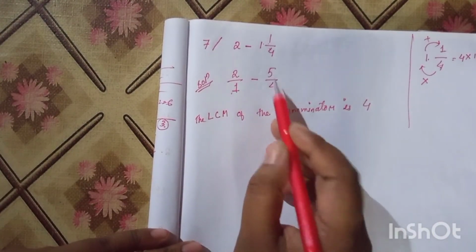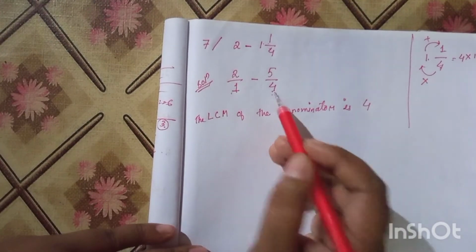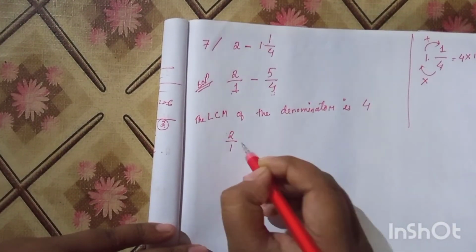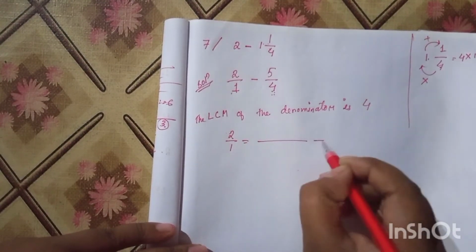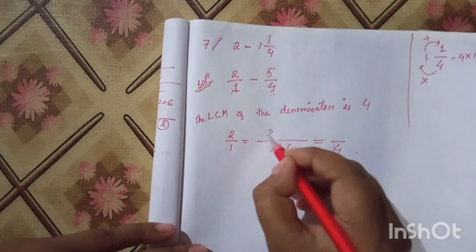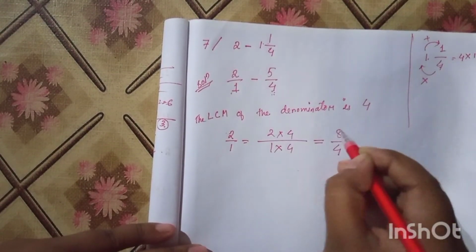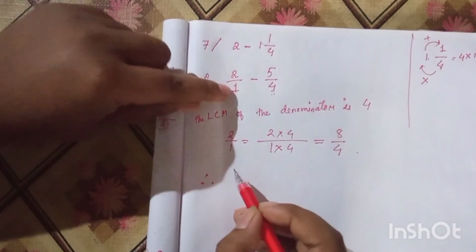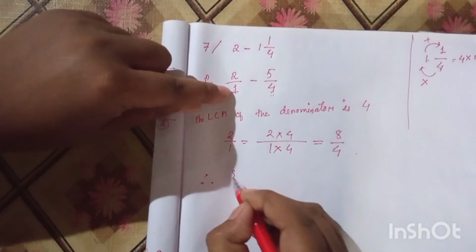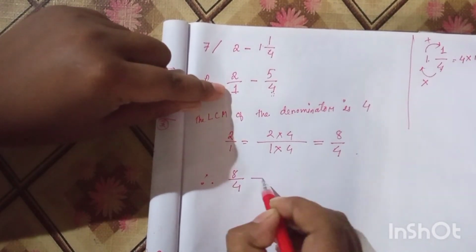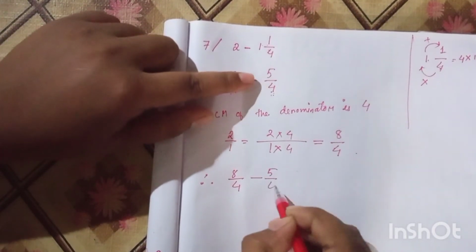Then this fraction already has 4 as denominator, so no need to convert it into an equivalent fraction. Let us convert the other one with denominator 4. So we know that 1 four is 4, so 2 fours are 8. So in place of this 2 by 1, we are going to write 8 by 4, the equivalent fraction, minus 5 by 4.